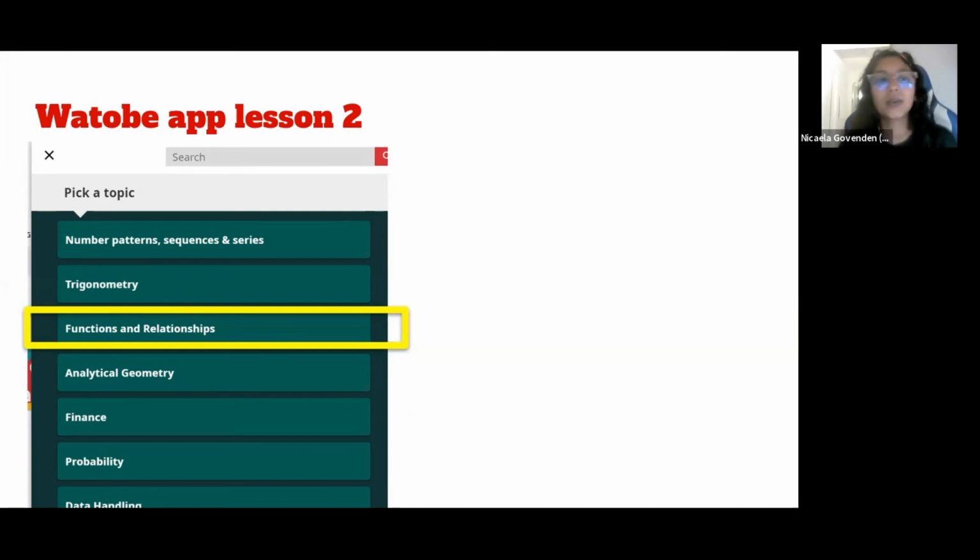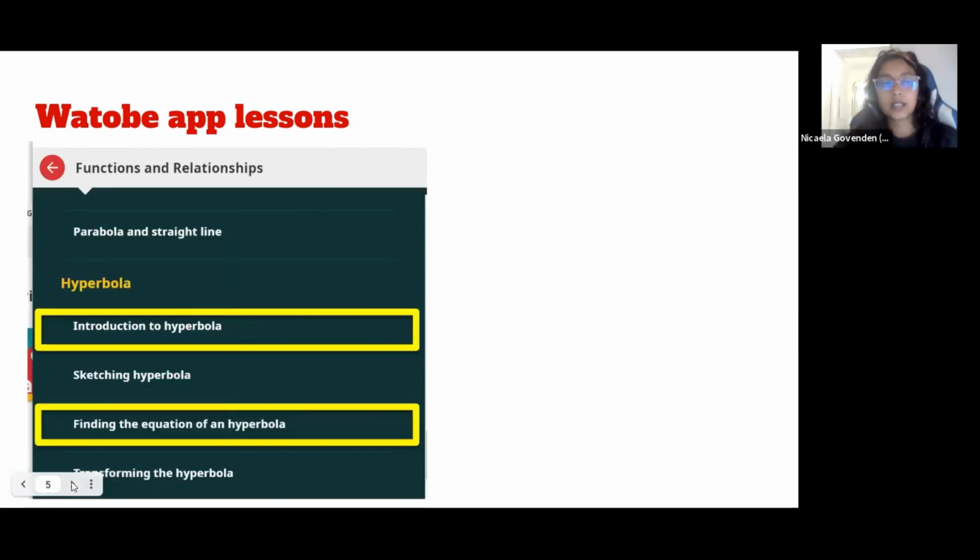So this was a very productive lesson. Just so that you can consolidate everything, this is the app lesson. You're going to pick a topic. You're going to look for functions and relationships. Once you click that, you'll see hyperbola.